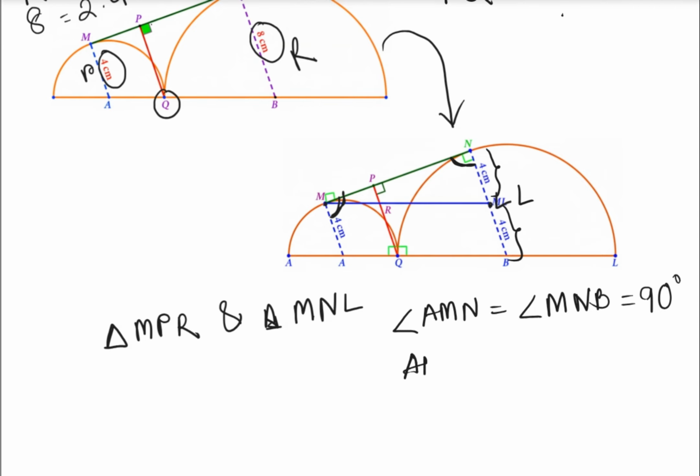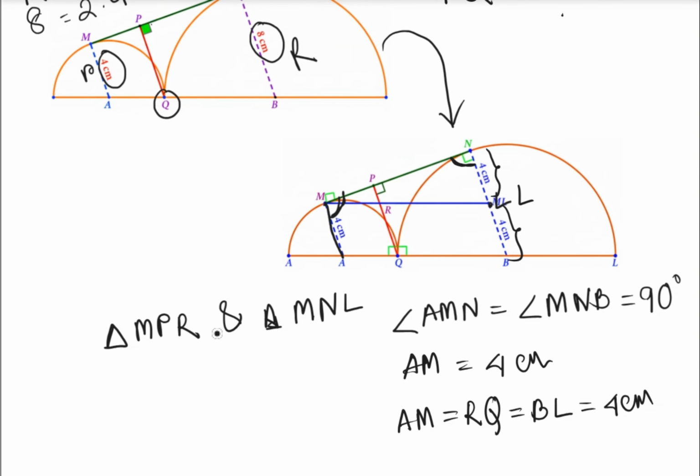And AM is equal to 4 centimeters, of course the radius of the smaller semicircle, and AM is equal to RQ is equal to BL is equal to 4 centimeters. So AM, of course, this is AM, RQ is this one, and BL is this one.